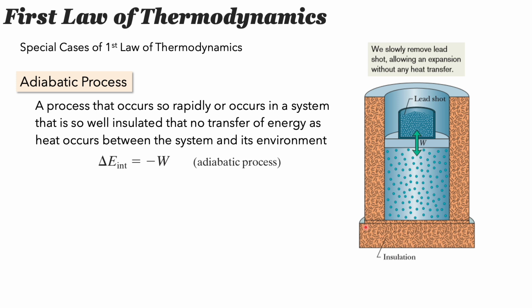You notice that earlier we had a thermal reservoir at the bottom, now we have an insulating block at the bottom. Now, heat energy cannot even transfer from the base. Walls were already insulated, so heat energy cannot transfer from anywhere into the system. Therefore, the change in internal energy is equal to minus W. Why? Because the change in internal energy was equal to Q minus W. Q is the heat transfer to the system, that is 0. Therefore, 0 minus W will be minus W.